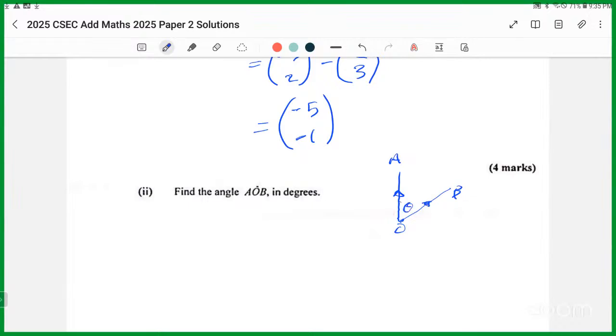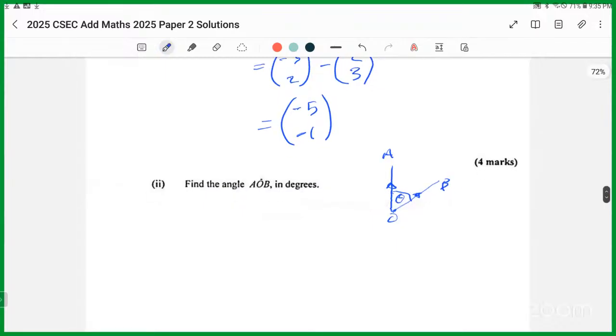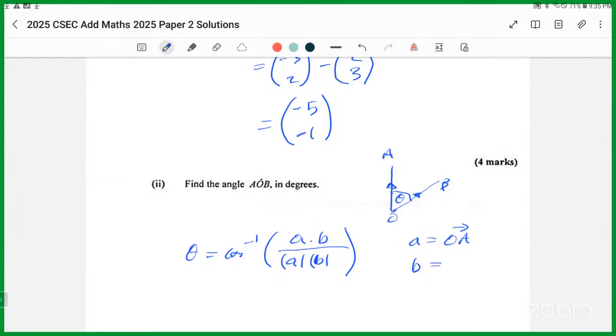Now remember, the angle theta is cos to the minus 1 of the scalar product, A dot B, over the product of the modulus of A and the modulus of B. I'm making A the vector OA and B the vector OB, just for simplicity.